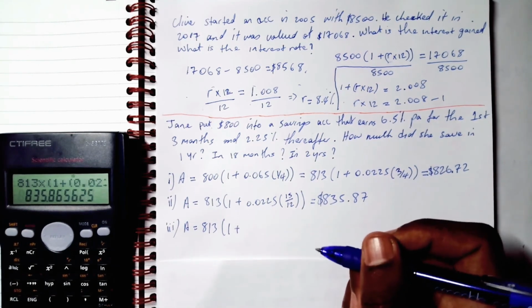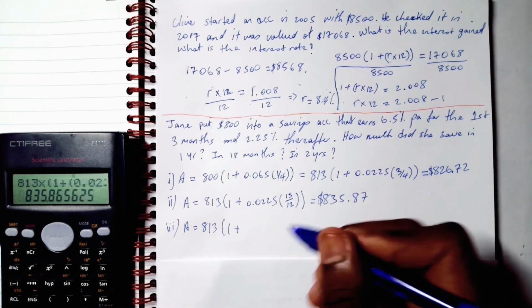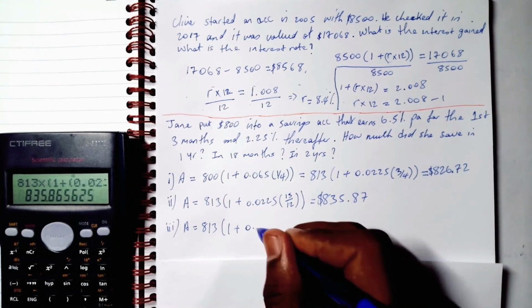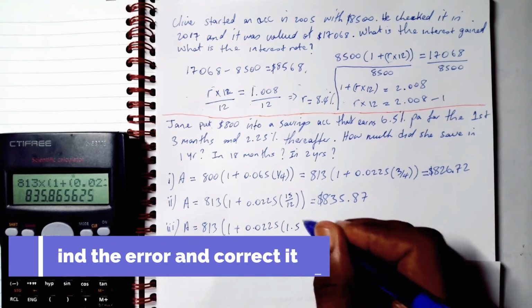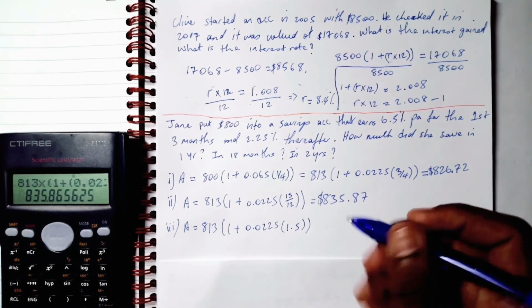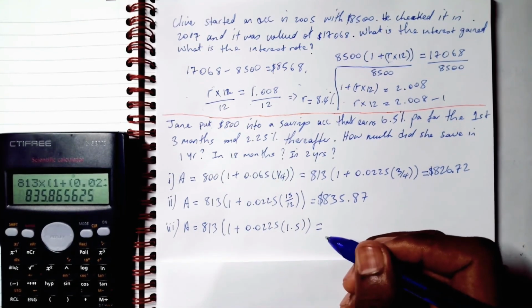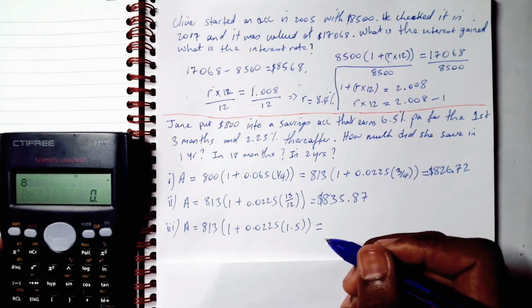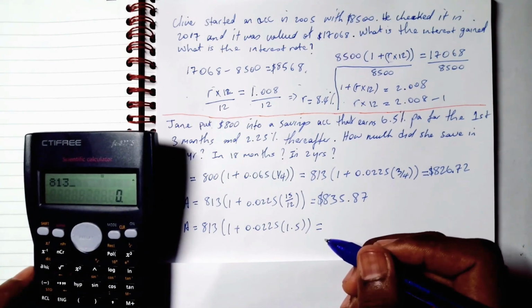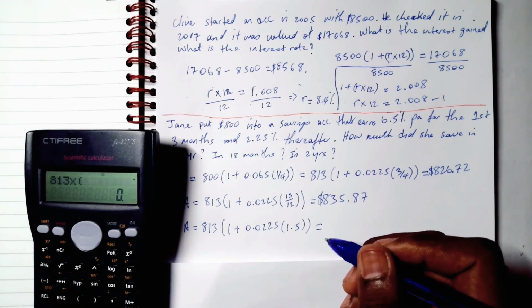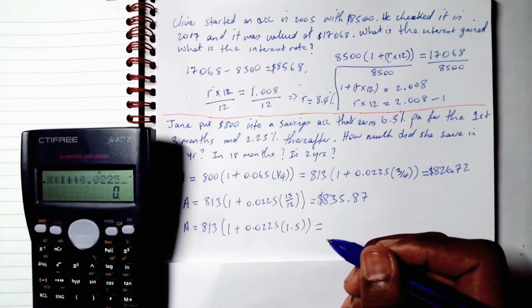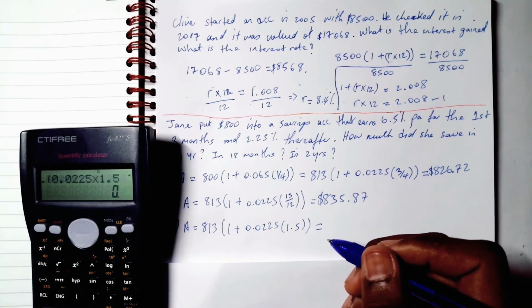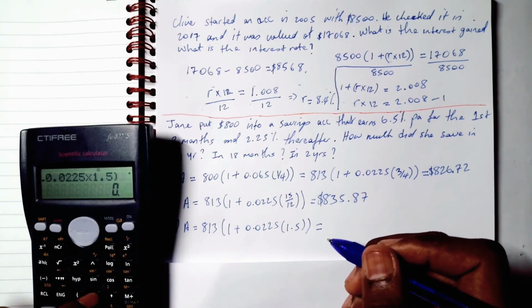So we're going to do that. 0.0225 times 1.5, which is equal to, let's just work that now, 813 times 1 plus bracket 0.0225 times 1.5 close bracket, close bracket.